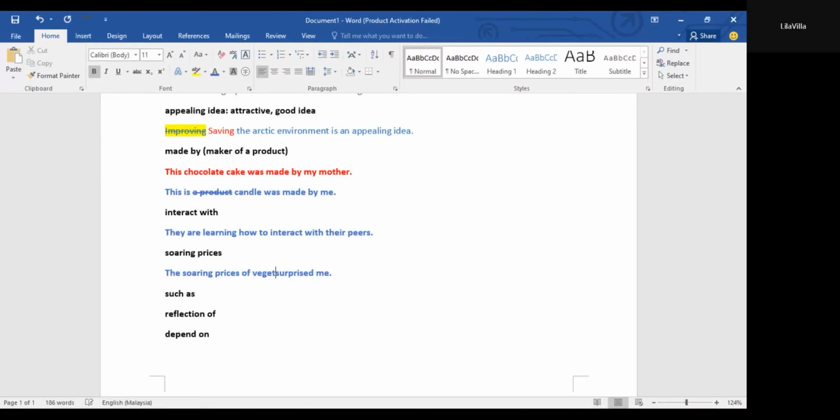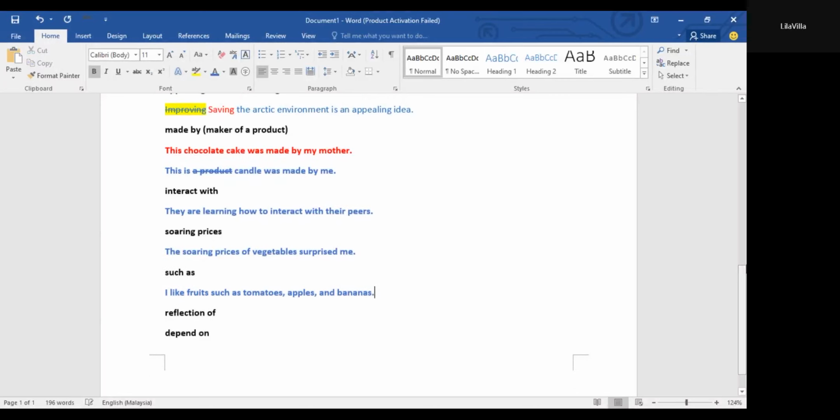Are the prices of vegetables really soaring? Yes. All right, let's try this one, "such as." I like fruit such as tomato, apple, and banana. Okay, I like fruits such as tomatoes, apples, and bananas. Always say it in the plural. Very good.